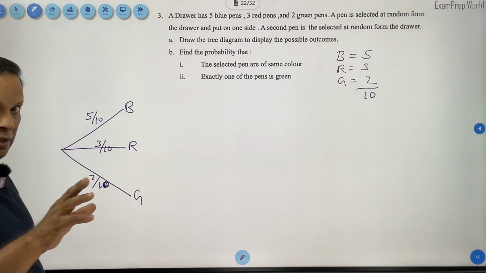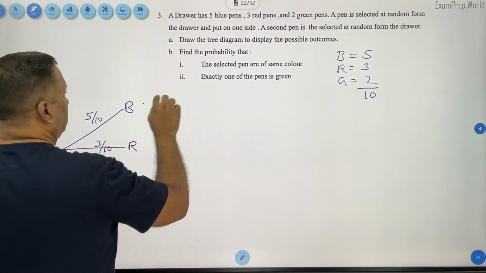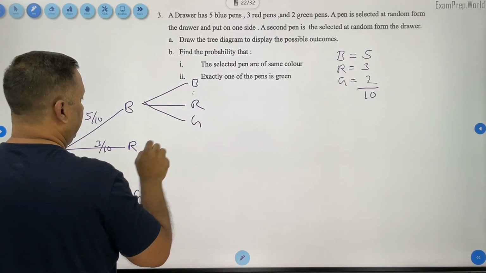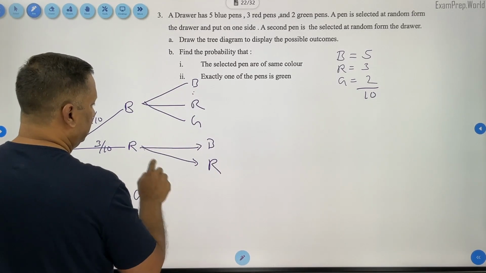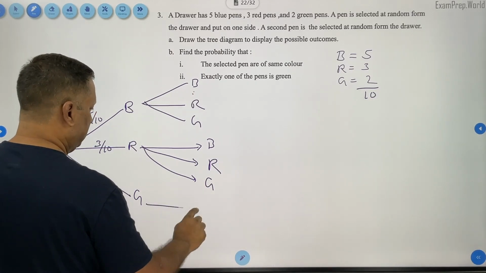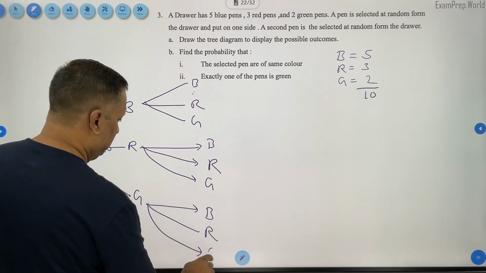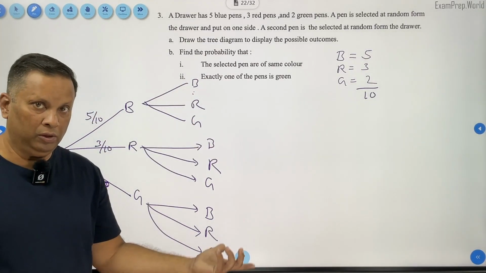Now you have taken one pen and are not replacing it. Suppose it is red, or suppose it is blue. Blue, red, green for each. The second pen can be anything, either blue, red or green.